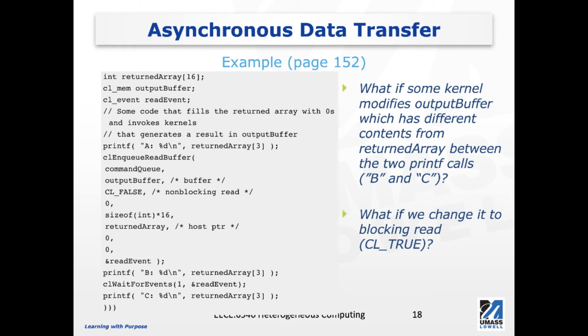What that implies is that the return array at printf B is nondeterministic, because it may happen that the new data read from the output buffer are not updated to the return array before this printf is printed.